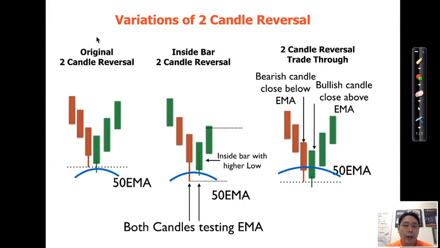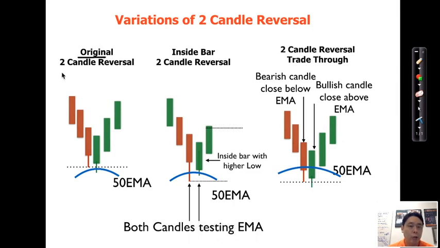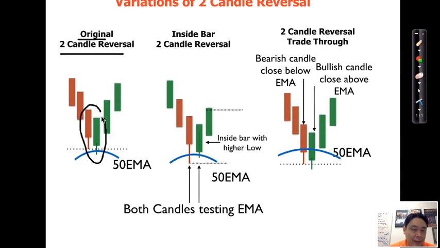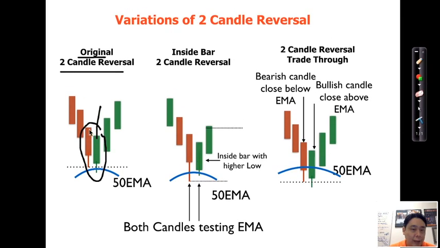All right, now let's look at other variations of the two-candle reversal pattern. So what you've just learned is the original two-candle reversal pattern, right? It's your KFC original recipe, right? Which again involves these two candles, right? Again, remember, what are the rules? All right, this is the reversal candle. This is the candle before the reversal candle.